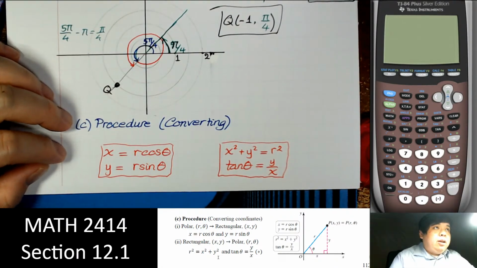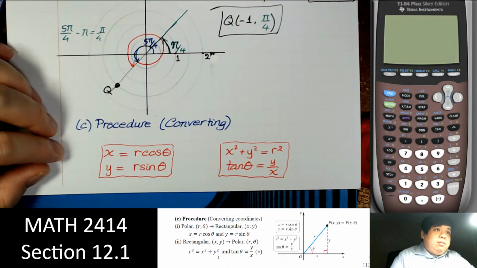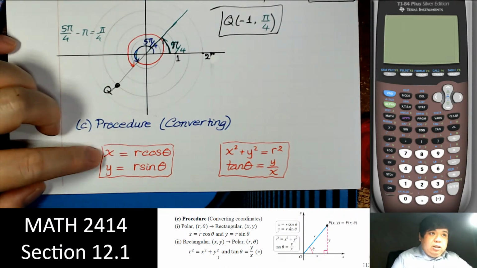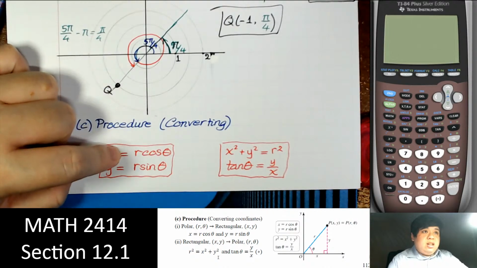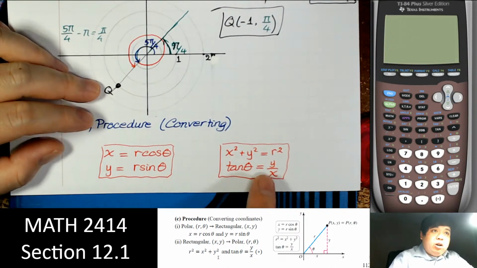So we have that. Now if we want to go from polar to rectangular, we use this. And when we go from rectangular to polar, we use that.